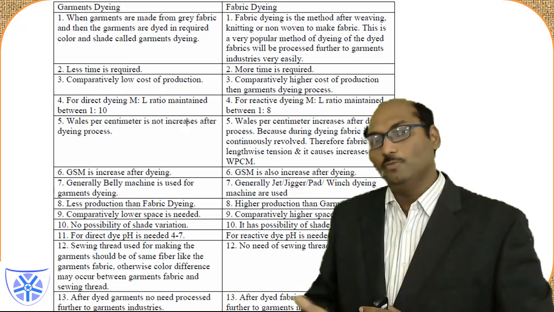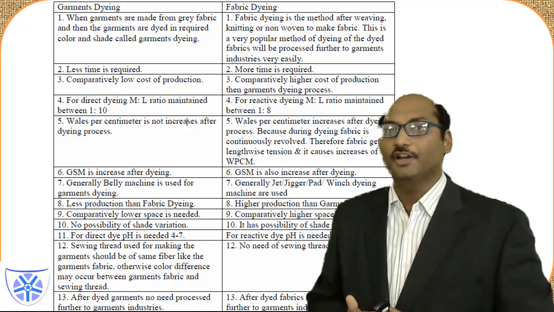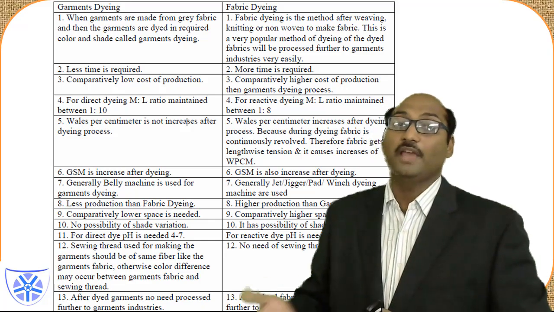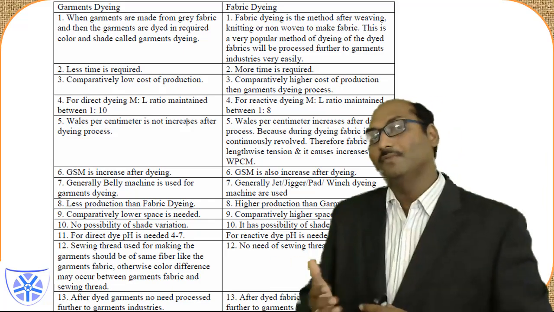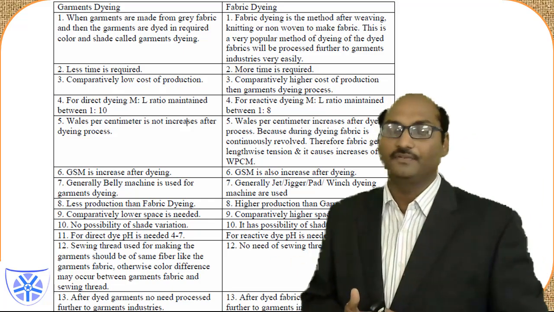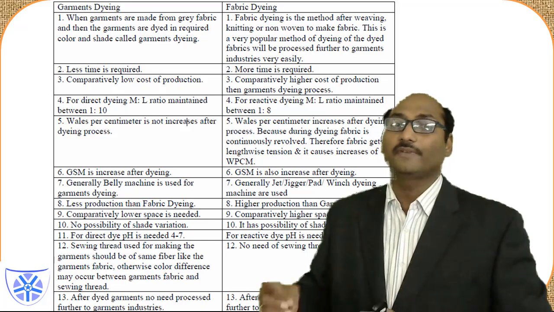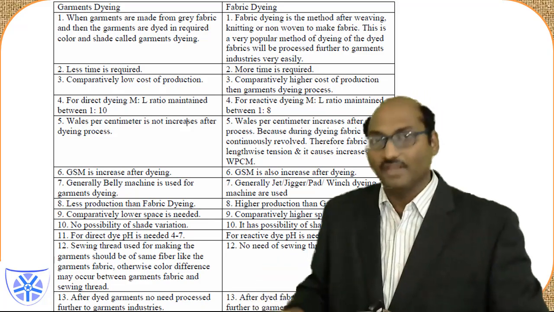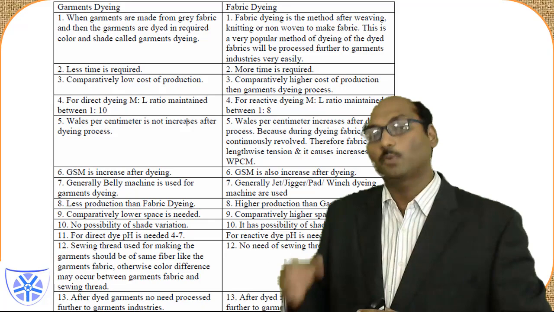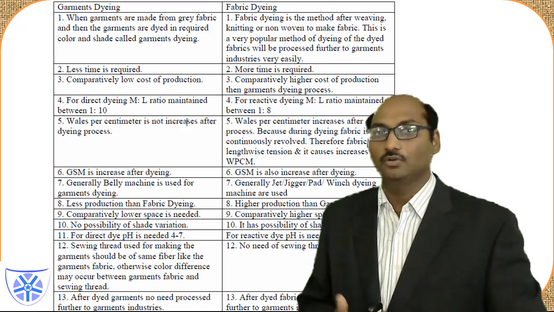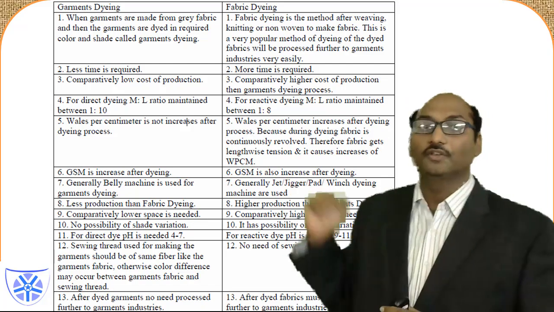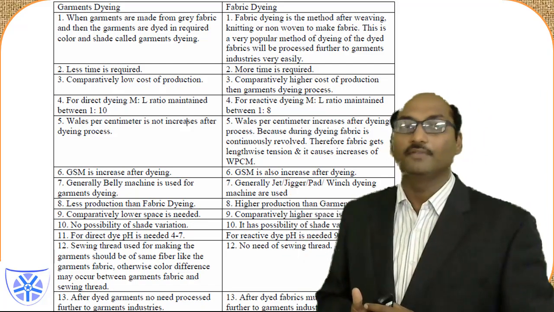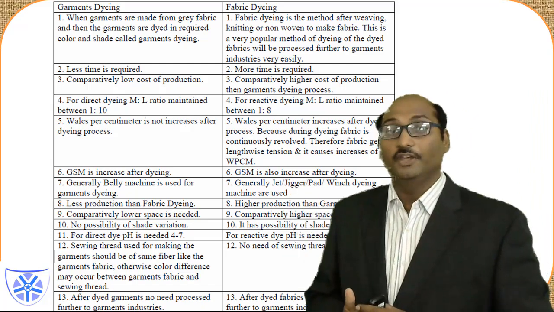You may ask, sir, both are 2% shade, so the same dyestuff and chemicals may be used. But even if you consider 80% marker efficiency, the 20% of the fabric going as waste is also processed and dyed. So that's why the cost of production is comparatively lower in garment dyeing.